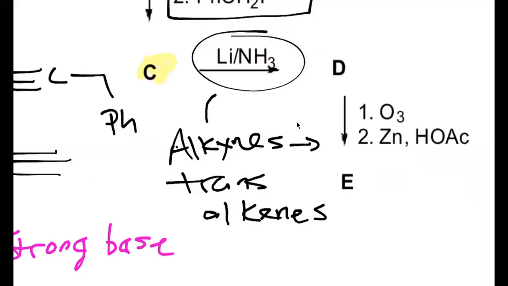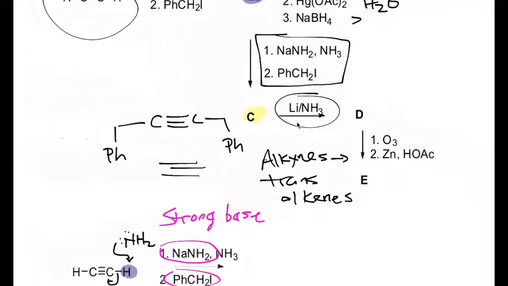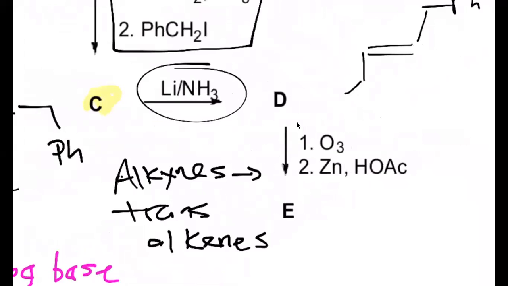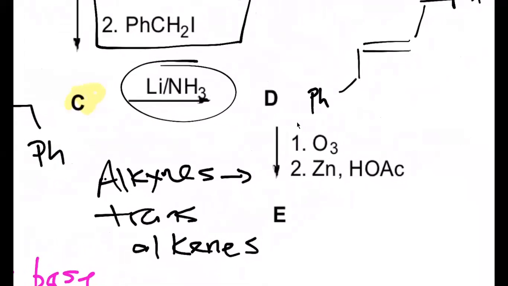Right? Alkynes to trans alkenes. That's what you do with lithium and ammonia. So that product from C to D is going to be, here's my alkene. I've got to shrink that down. Sorry, that's going to run into D. Is that right?